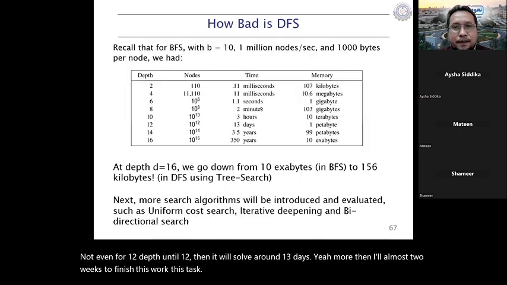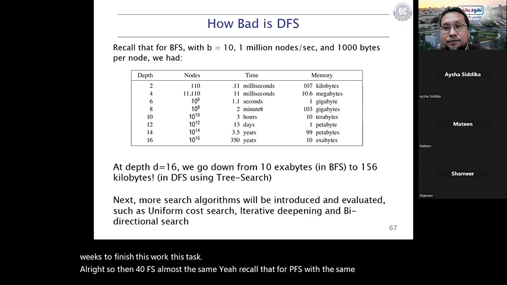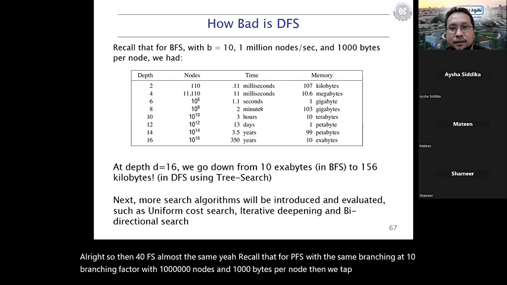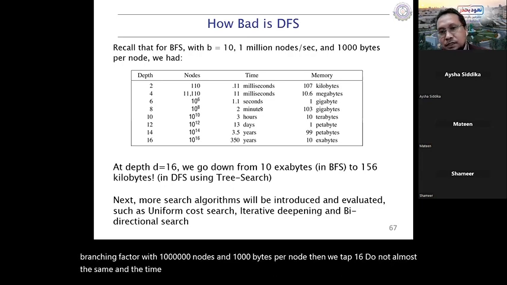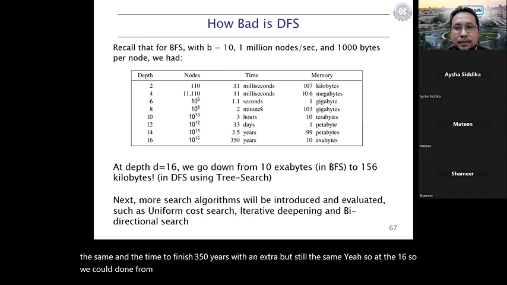For DFS, it is almost the same. Recall for BFS with the same branching factor of 10, 1 million nodes per second and 1000 bytes per node, at depth 16 the time to finish is 350 years with 10 exabytes. For DFS at depth 16, we go down from 10 exabytes to 156 kilobytes.